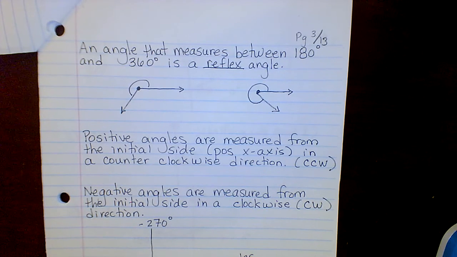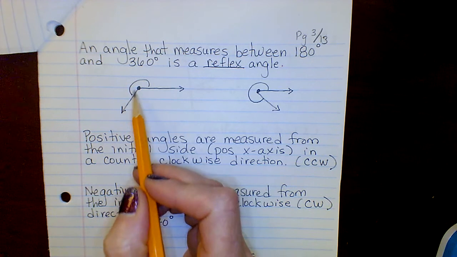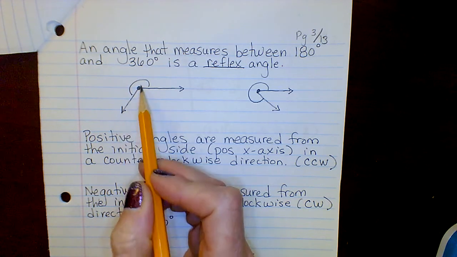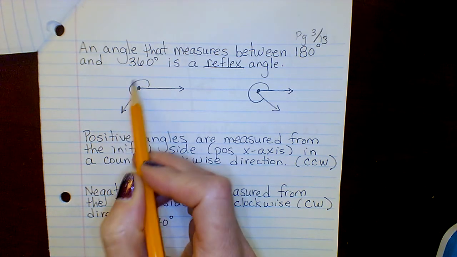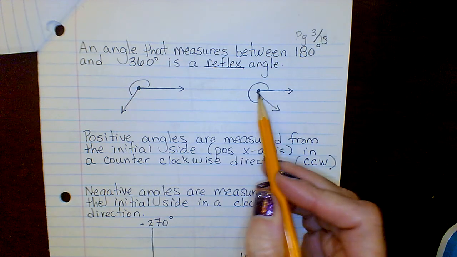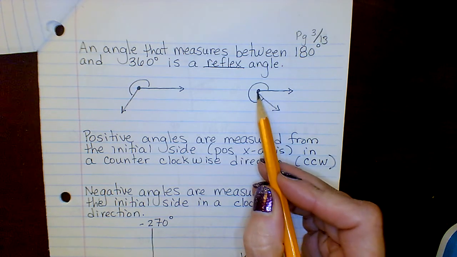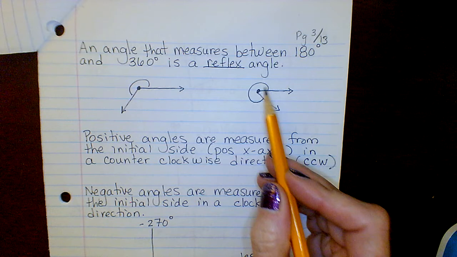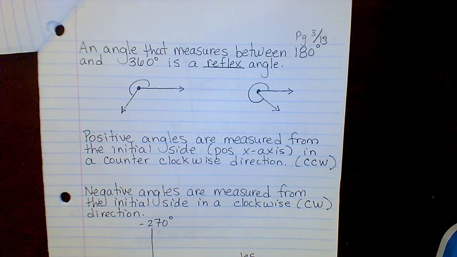The lesser known one is an angle that measures between 180 and 360. That's called a reflex angle. So if this is my initial side and my terminal side's down here in, say, quadrant 3, then that angle right there is a reflex angle. If my initial side is here and my terminal side is, say, down here in quadrant 4, that is what's called a reflex angle.